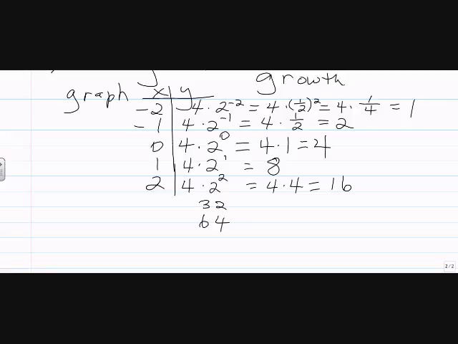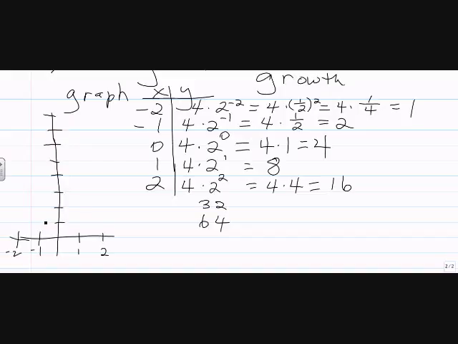Okay, so now when I go to make my graph, let me scale it. I don't have any negative y's. They're going up to 16. My x's are just going from -2 to +2. So 2, 4, 6, 8, 10, 12, 14, 16.